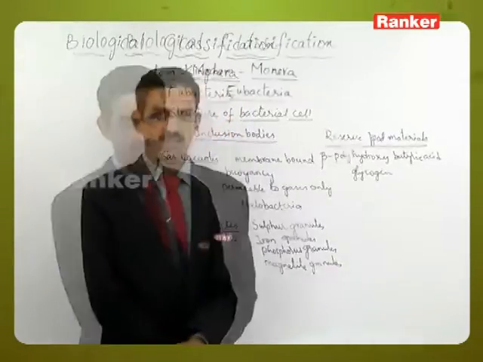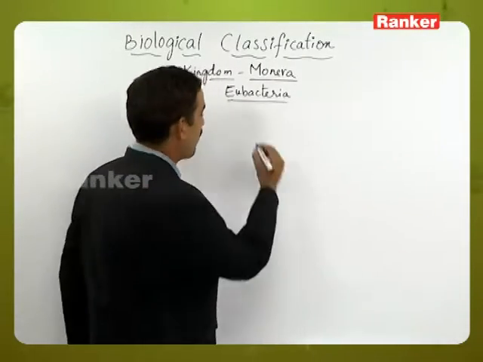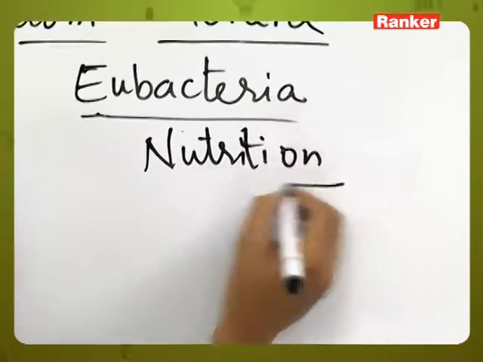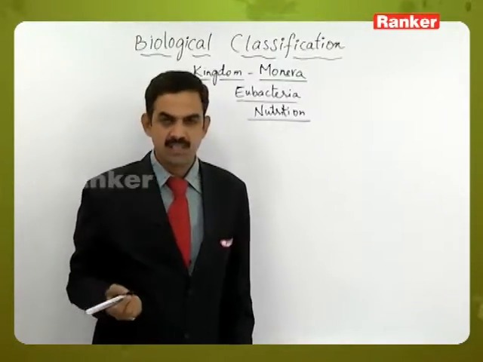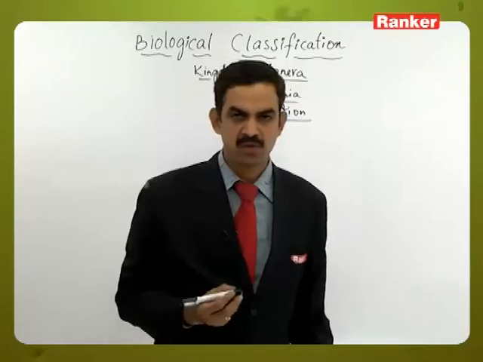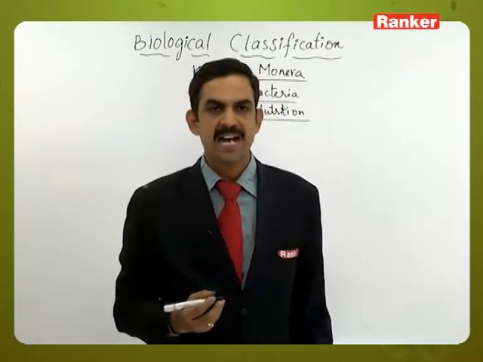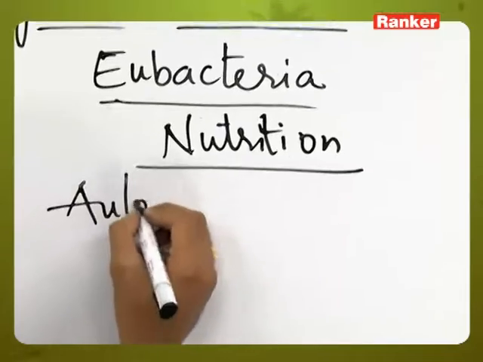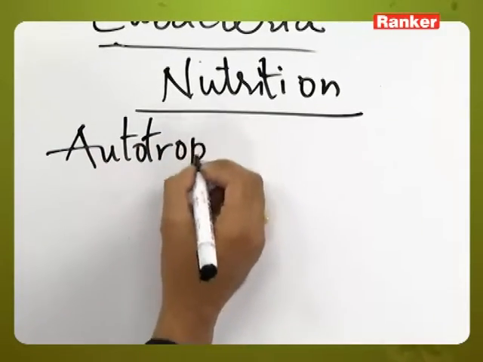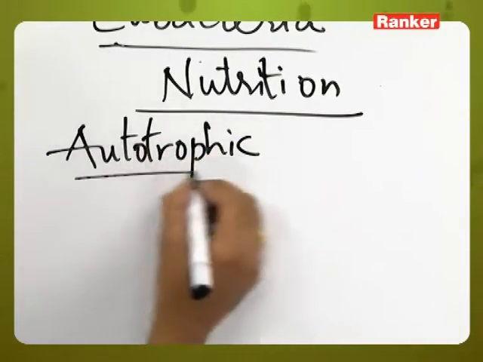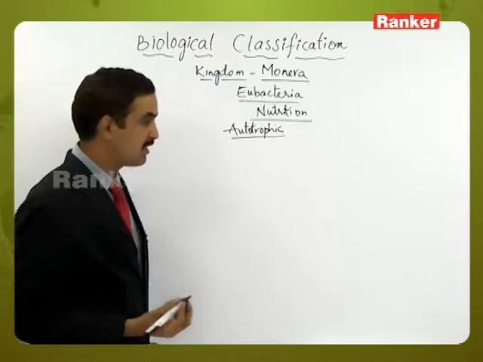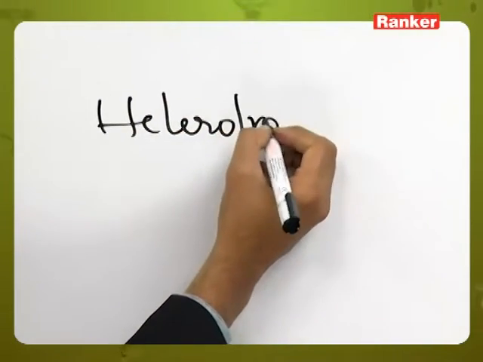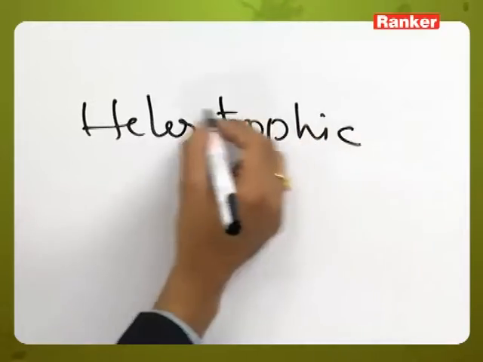The next characteristic feature is the type of nutrition exhibited by the bacteria. As we said, bacteria basically exhibit two types of nutrition: autotrophic and heterotrophic. Autotrophic means they can prepare their own food materials, whereas the second one is heterotrophic nutrition.